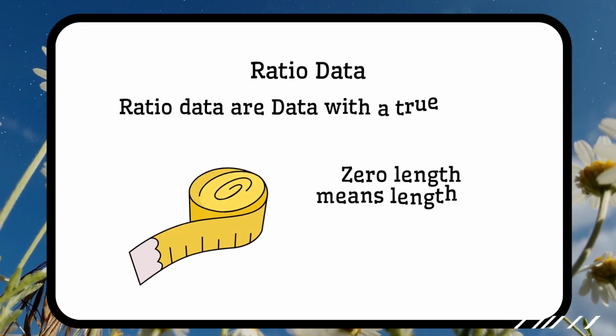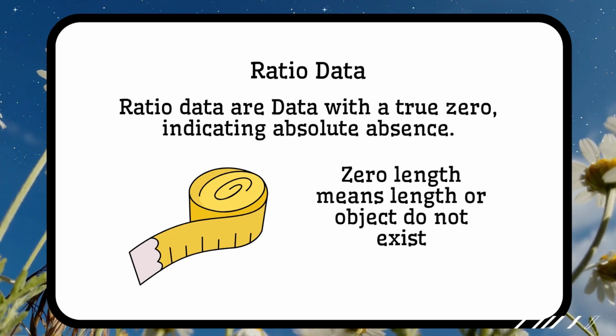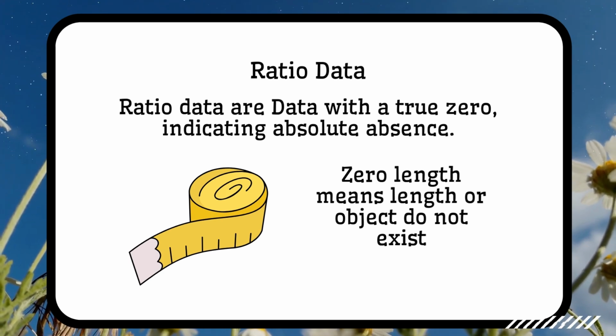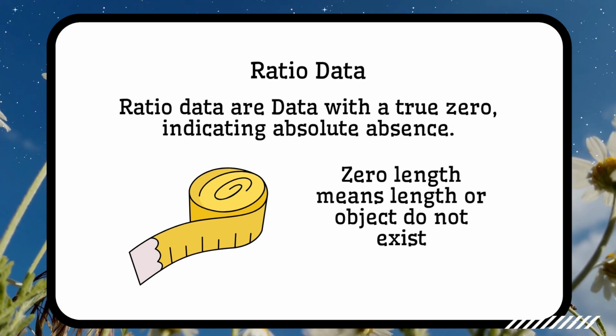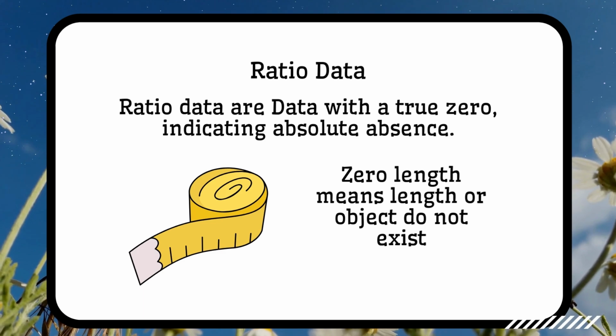Ratio data are the data with a true zero, indicating absolute absence. Example, temperature in Kelvin, where 0 Kelvin means no heat, or height is 0 means no height at all.